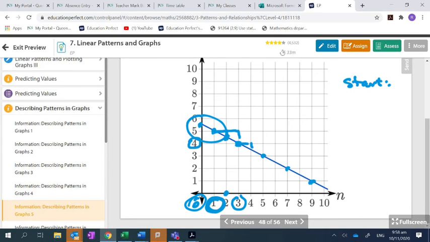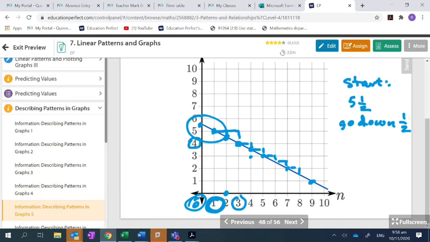But you see, the fourth number, you're just going down 1/2. So you can go down different amounts. Every time you go over one number, you're going down 1/2. So starting at 5.5, go down 1/2.